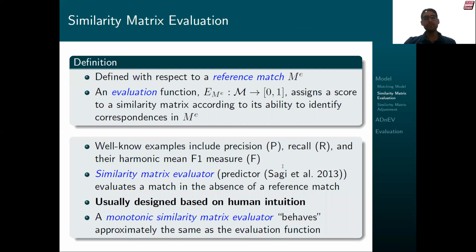Usually, aiming to evaluate a matrix in the absence of a reference match, evaluators use human intuition. In this work, we defined monotonic evaluators as evaluators that behave like known evaluation functions such as precision, recall, and F1 measure.